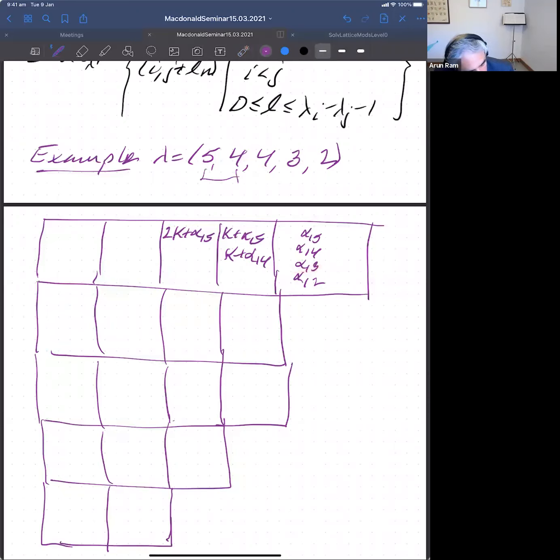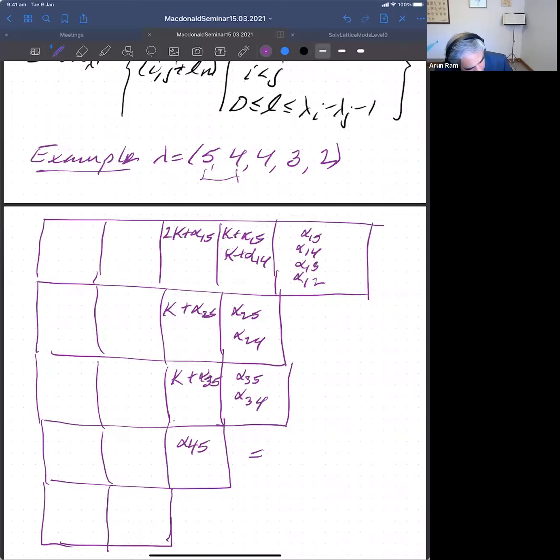All right, so in this way, I can quickly fill up this diagram with all the roots, and you get alpha 2, 5, alpha 2, 4, alpha 2, 5 plus k, alpha 3, 5, alpha 3, 4, and alpha 3, 5 plus k, and alpha 4, 5.